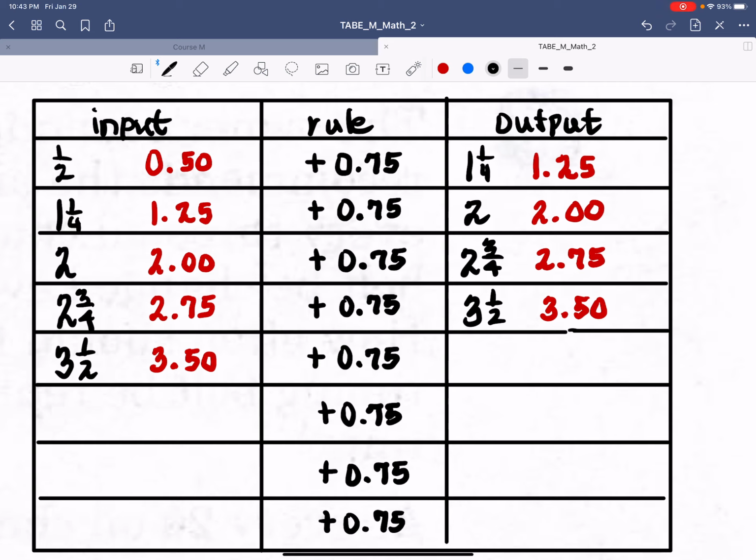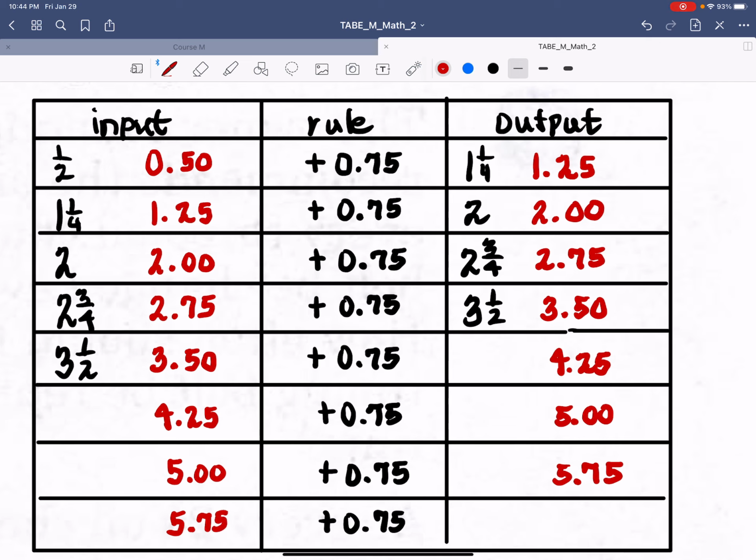All right, so where was I? $3.50 plus 75 cents, that's going to be $4.25. We'll come back and get the fractions, but let's just stick with our money for the moment. $4.25 plus 3 quarters is $5. $5 plus 3 quarters is $5.75. And $5.75 plus 75 is going to be $6.50.